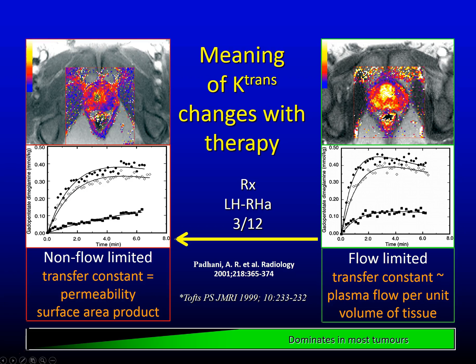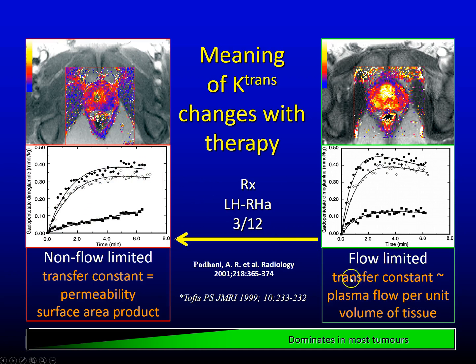Similarly, if you look at this patient with prostate cancer who's being treated with an LH-RH antagonist, which is an anti-androgen, we can see that the transfer constant decreases with treatment, and the curve shapes go from wash in, wash out to a more plateau type appearance.